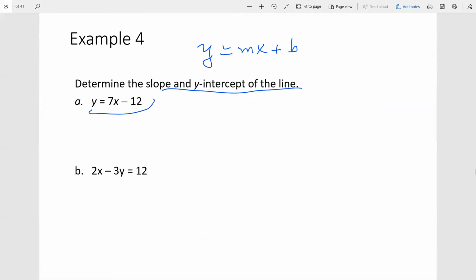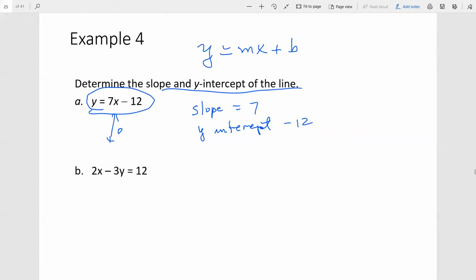Well, if it's written down like this, y equals 7x minus 12, it's already in the form we're interested in, and you just simply say the slope is equal to 7, and the y-intercept is -12. Of course, you can always put x equals 0 in to get the y-intercept, and obviously it's -12.